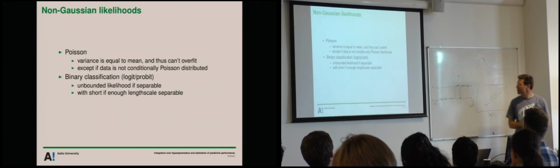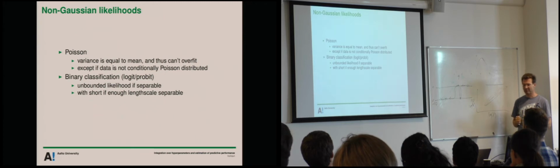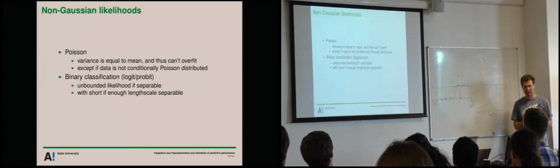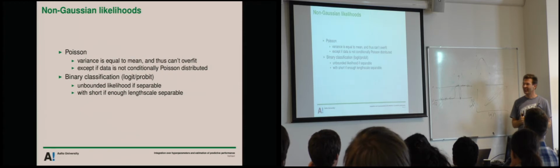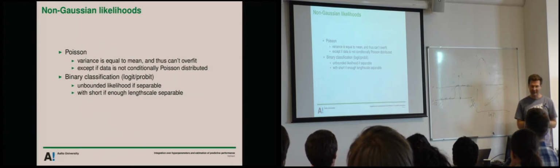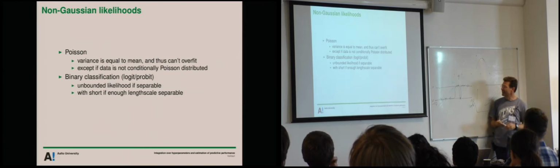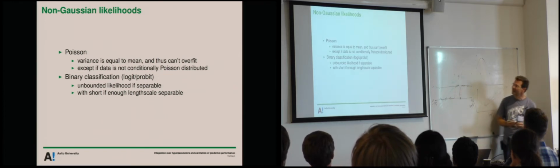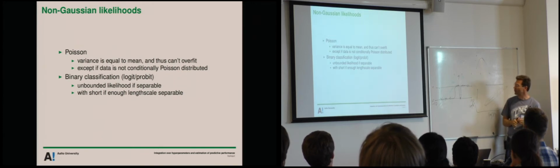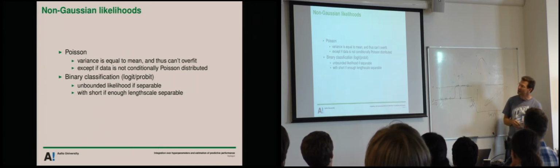Why this hasn't been an issue in a lot of machine learning literature using GPs for binary classification is probably because they use, again, the Fitzy type models, which restrict the flexibility of the model so that it can't really go for the short length scale models.